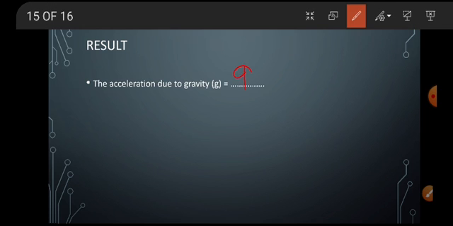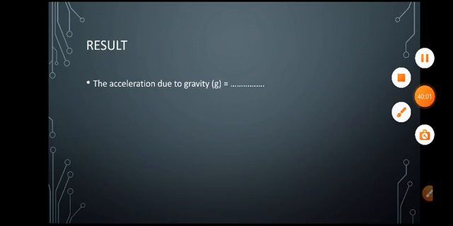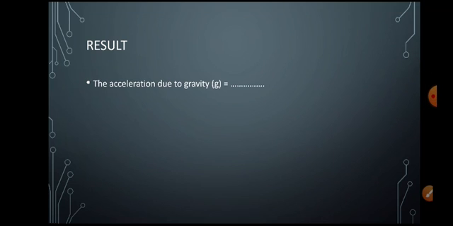So g equals, for example, 9.89 meter per second square or 989 centimeter per second square. No need to write all the observations in the result column. Just write only whatever result the question asked in the examination, and what your aim is here.